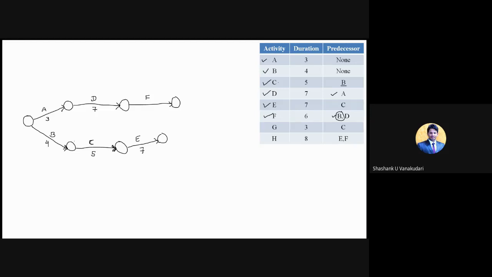So I am going to provide a dummy activity for the starting node of this F. By using this dummy activity, I can say that for F activity, B is the predecessor, and even D is the predecessor. Here it's understood now, right?